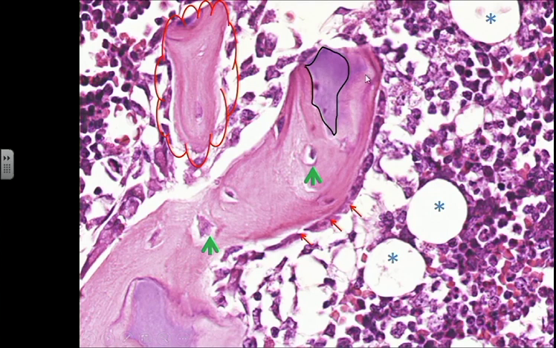These are cartilage remnants within the bone spicules, and the reason for them is that this section has been taken from a child. In children, bone originates from a cartilaginous skeleton that undergoes ossification and becomes bone.